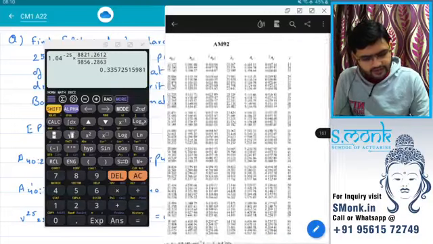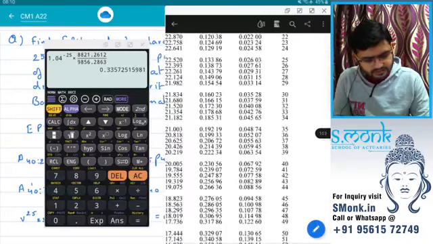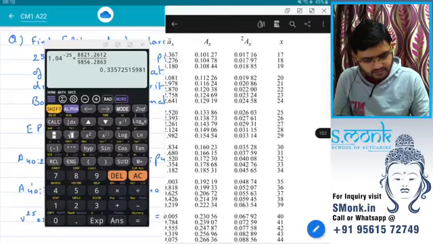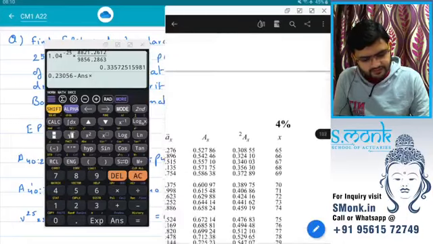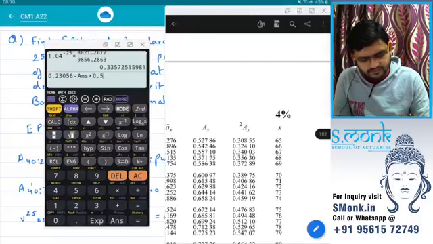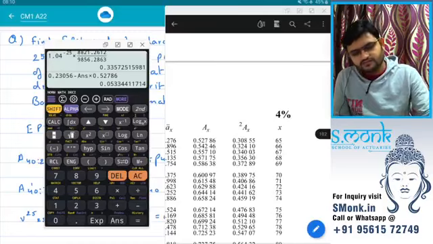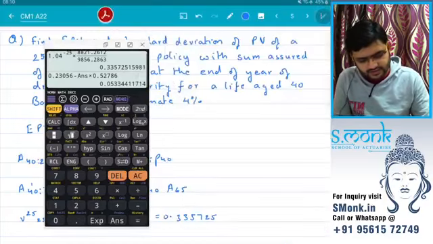We want A_40 minus the answer into A_65. This is the term assurance value.